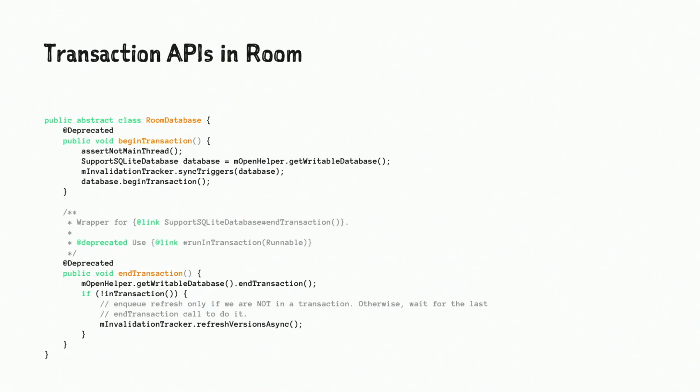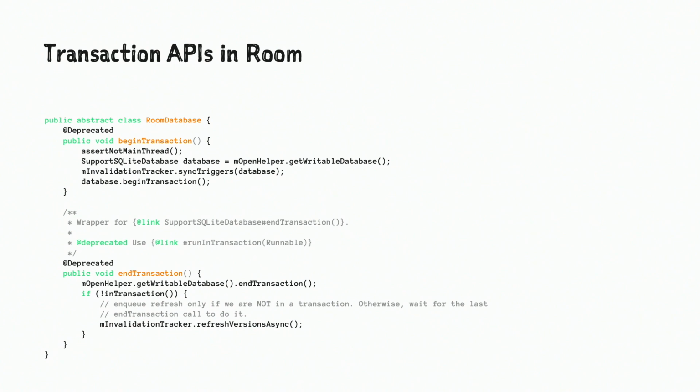And if you're wondering what the transaction APIs in Room are, that are both auto-generated by the code that we're writing or can be used directly, we have 3 that exist in our Room database. The 2 older ones that are being deprecated are begin transaction and end transaction.